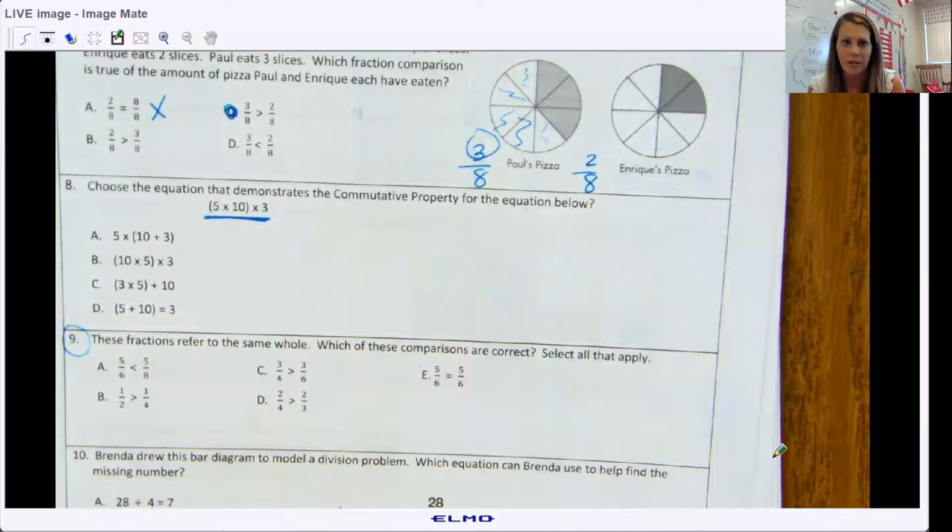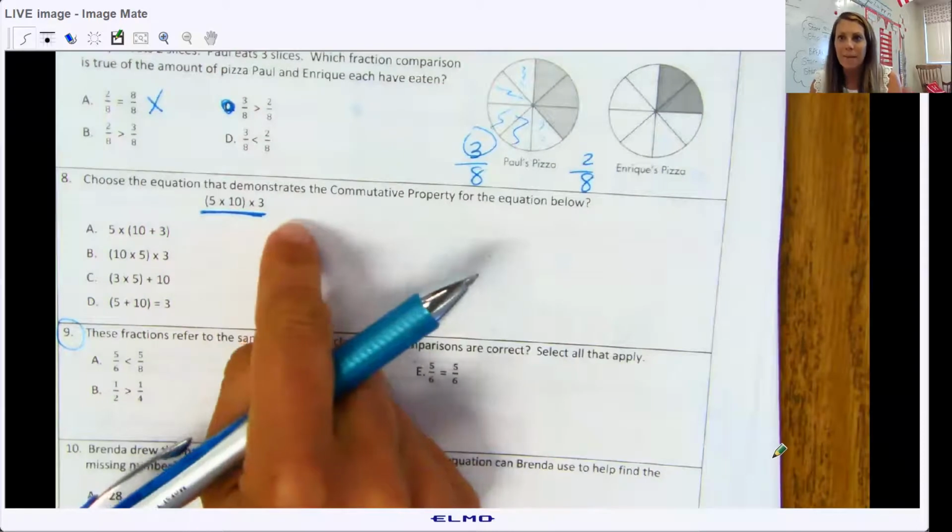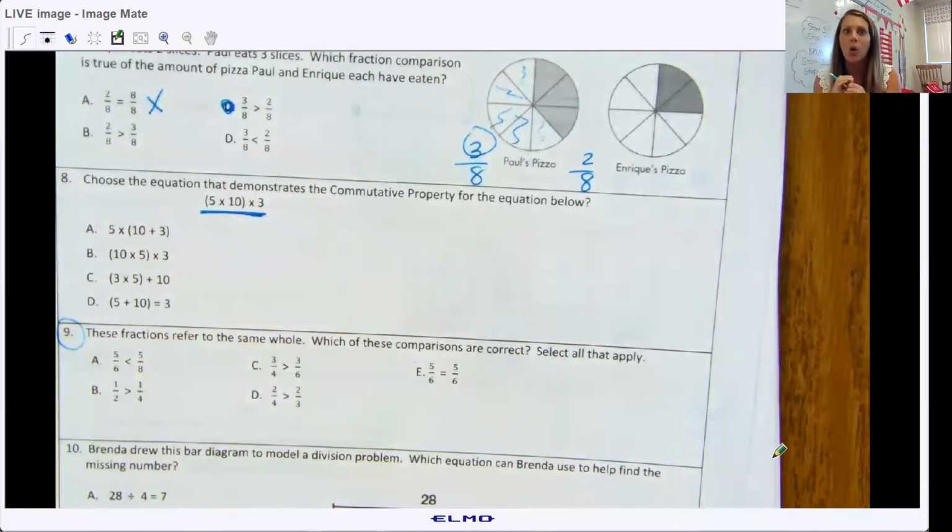And sorry, I might have said that wrong. The parentheses might not necessarily change. Let me rewind. The parentheses can change. The numbers have to stay the same, but we can switch the order. All right, now pause it again and try to find your answer.